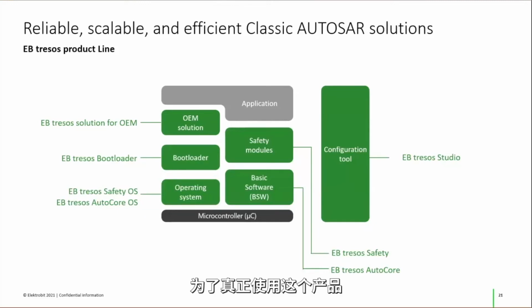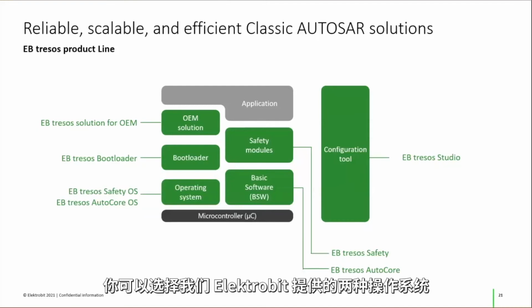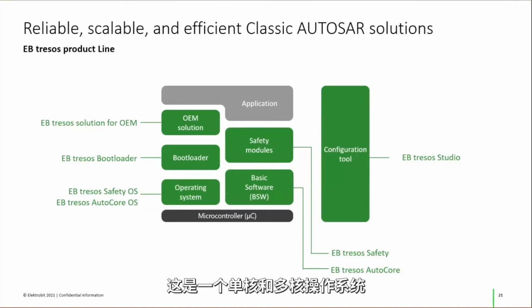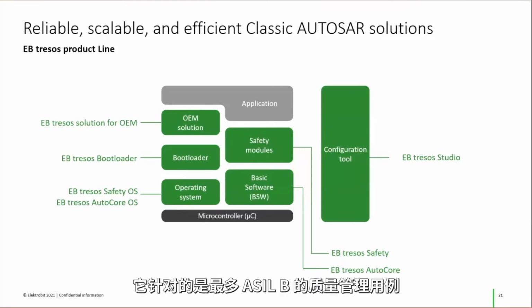And to actually use it, you have the option of two operating systems that we provide from EB. There we've got one product which is called the EB tresos AutoCore OS. It is a single and multi-core capable operating system that is targeting quality managed up to ASIL-B use cases.